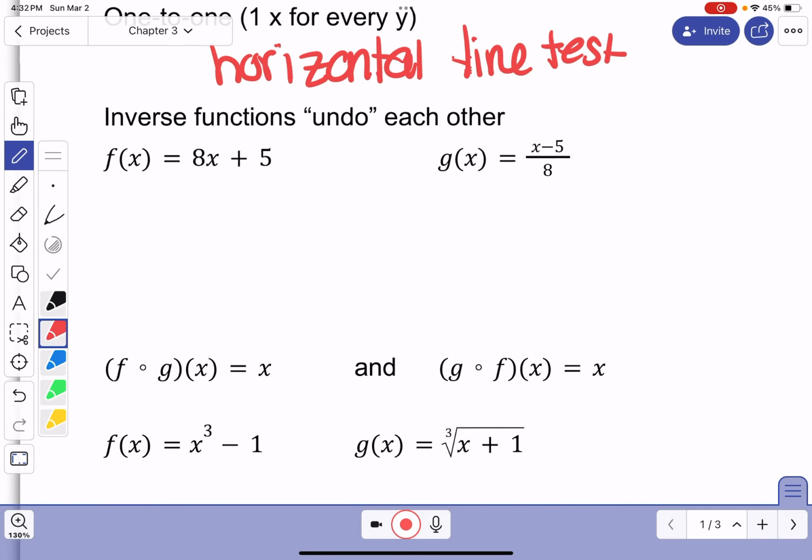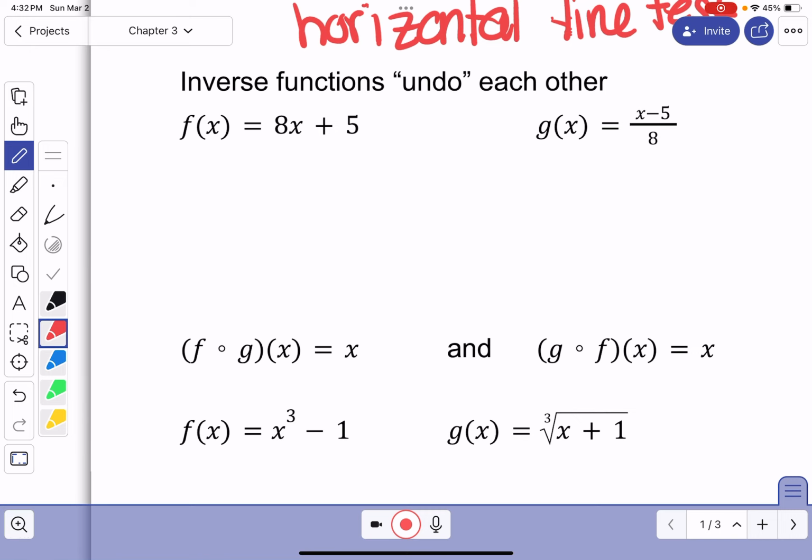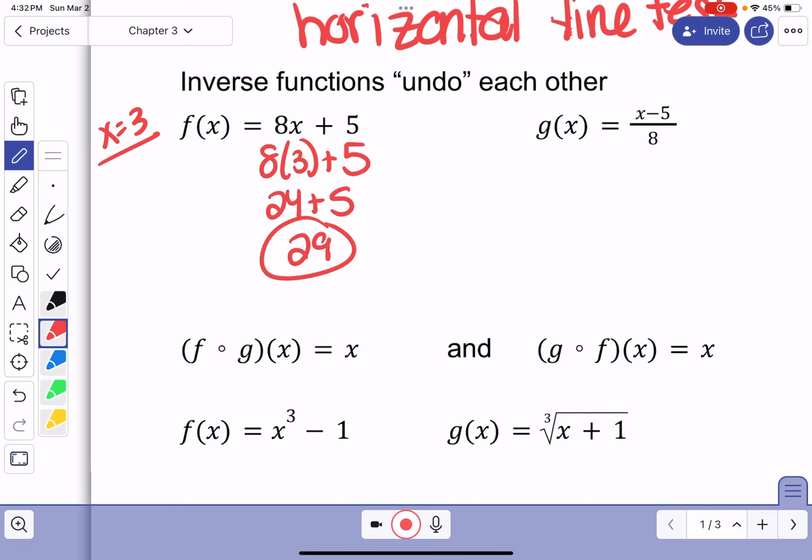So if we want to find out if a function undoes another function, one thing we can do is pick a random number and plug it in for x. So let's say I pick 3. If I plug that into f, 8 times 3 is 24. 24 plus 5 is 29.